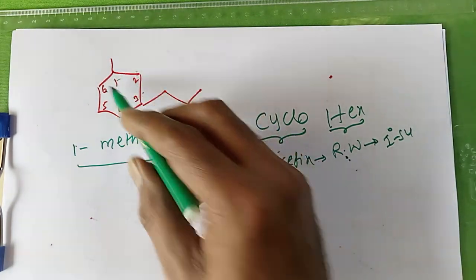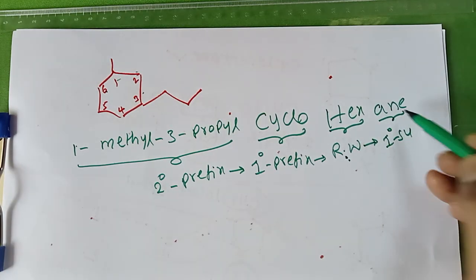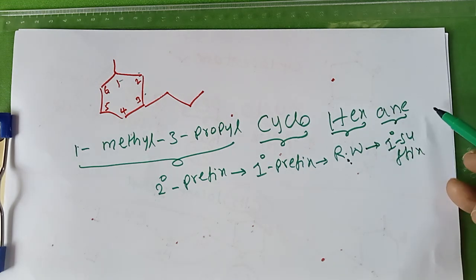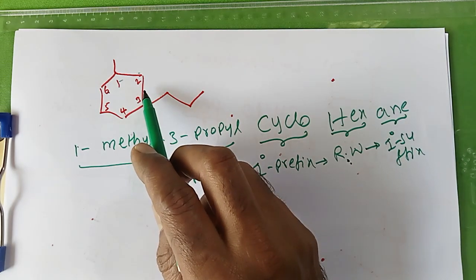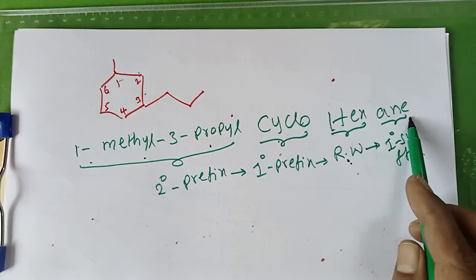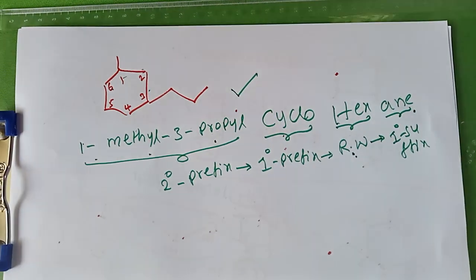All are single bonds only, so ane is the primary suffix. There is no secondary suffix because there is no main functional group. So 1-methyl-3-propylcyclohexane is the correct IUPAC name.